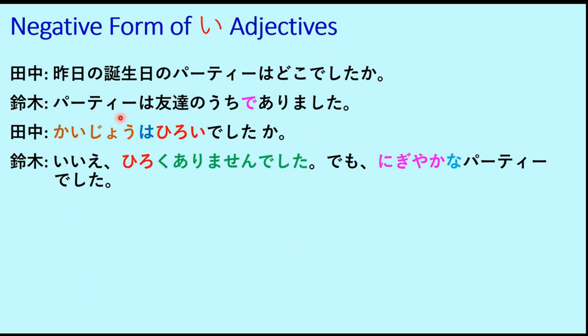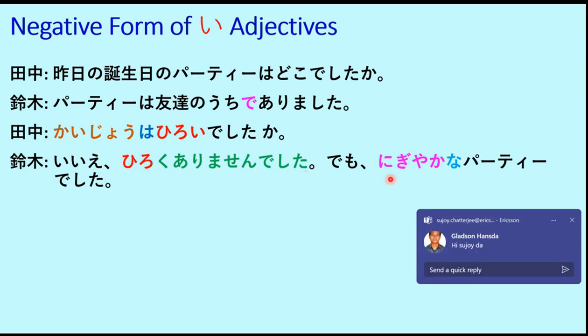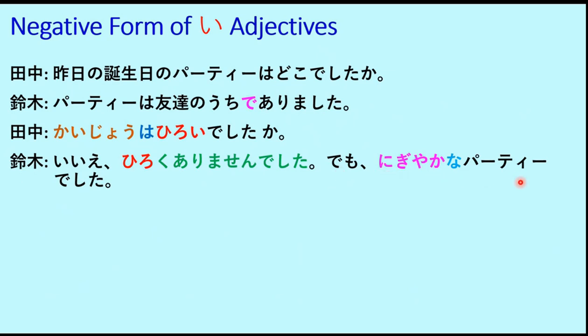Suzuki-san says, "Party wa tomodachi no uchi de arimashita." Tanaka, "Kaijo wa hiroi deshita ka?" Suzuki, "Iie, hiroku arimasen deshita. Demo, nigiyaka na party deshita."